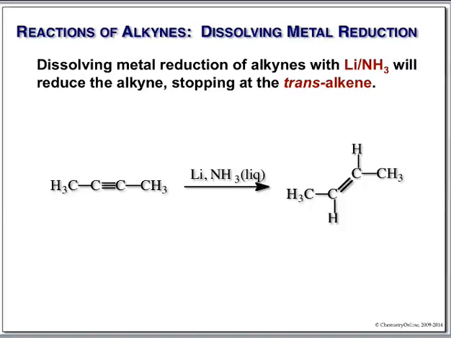It fizzes. Again, we have hydrogen radicals running around. These add to our triple bond one at a time, but they add trans. So the neat thing here is, with a triple bond, we can do a partial reduction to give a cis isomer, or a partial reduction to give a trans isomer.